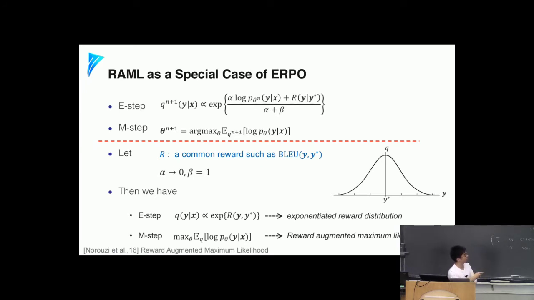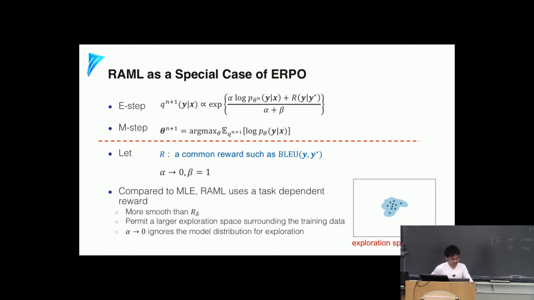So this is a smoother reward compared to the delta reward in maximum likelihood. And again, in the M step, we sample from this Q distribution and maximize the data log likelihood. Basically this objective recovers the original reward-augmented maximum likelihood algorithm.